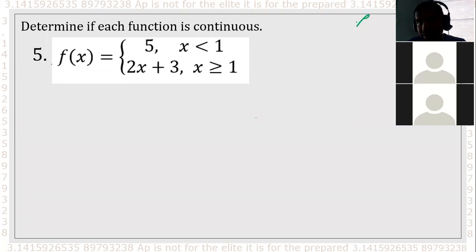Find out, is f of c defined? Does the limit as x approaches c exist? And does the limit as x approaches c equal f of c?